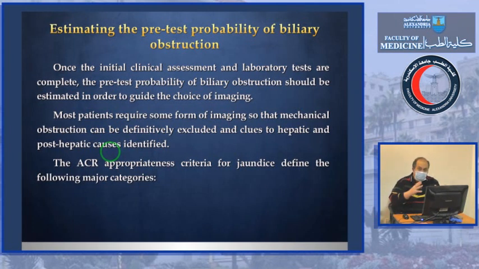It will lead to back pressure and dilatation of the bile ducts inside the liver, so we call it extrahepatic cholestasis. If the ultrasound doesn't show any dilatation of the bile ducts inside the liver, it means intrahepatic cholestasis. So ultrasound is crucial for differentiation between intrahepatic cholestasis and extrahepatic cholestasis.